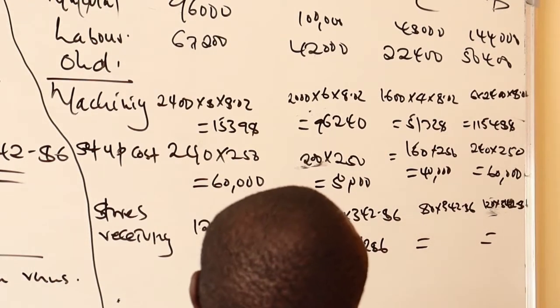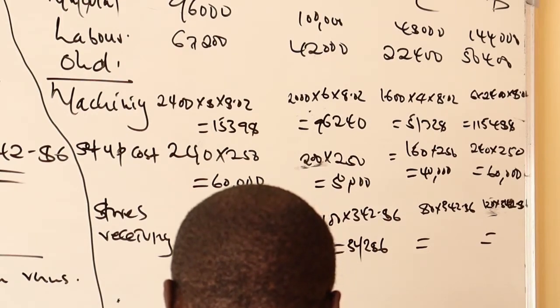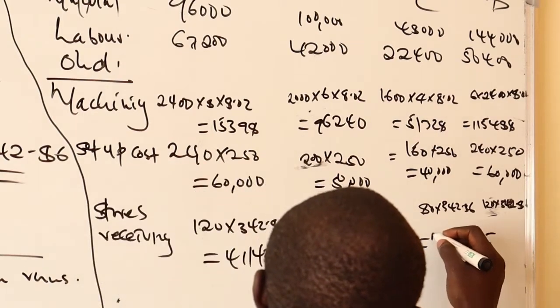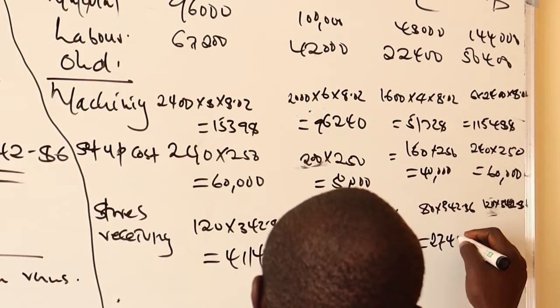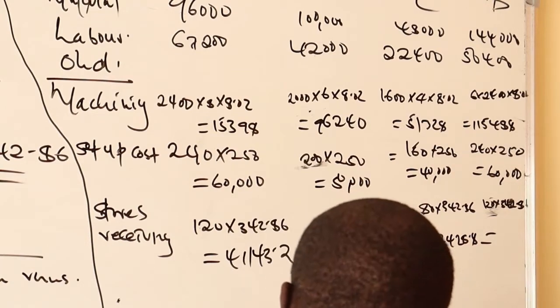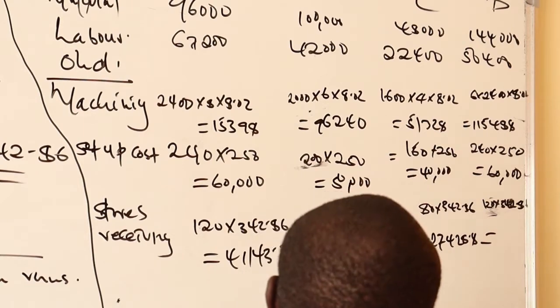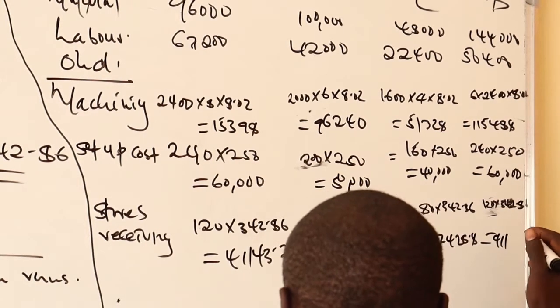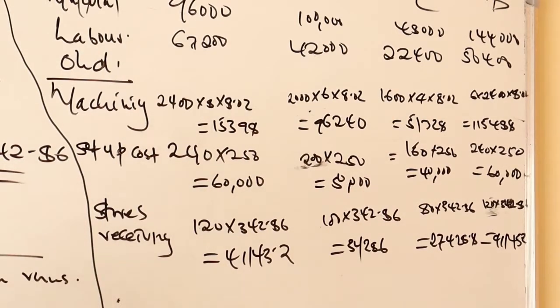And this is 80 times 342.86. This is 27,428.8. This is 120 times 342.86. This is 41,143.2. So that is stores receiving.